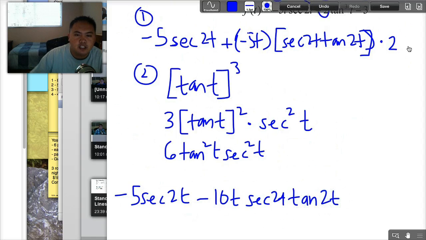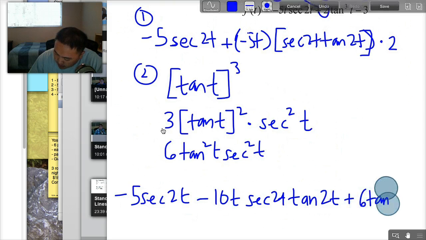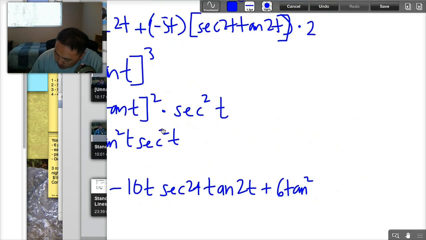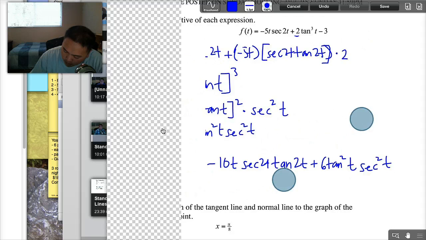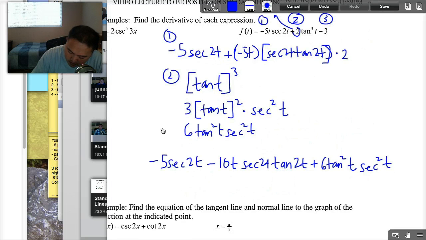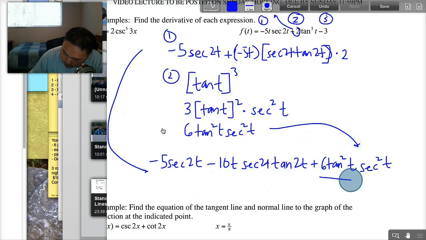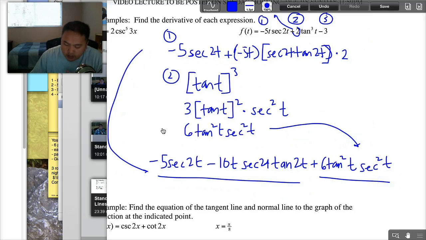That's just the first piece, and then I'm going to combine that with the second piece. This is the derivative of the second piece, so I'll add that in, plus 6 tangent squared t secant squared t. So in case you forgot where I got this, here's the number 1 piece, and here's where the number 2 piece went. So that's how you find the derivative of that problem.